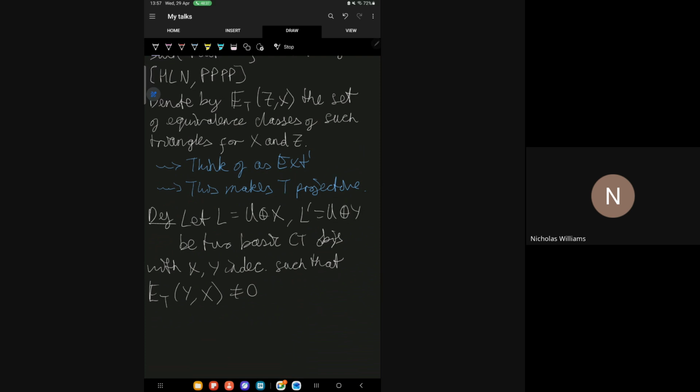So this sort of relative Ext^1 between Y and X is non-zero. In this case, we say that L prime is a T-green mutation of L.